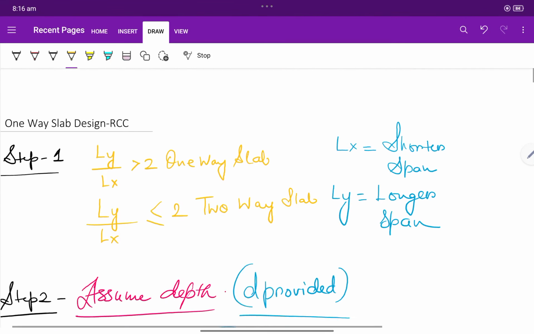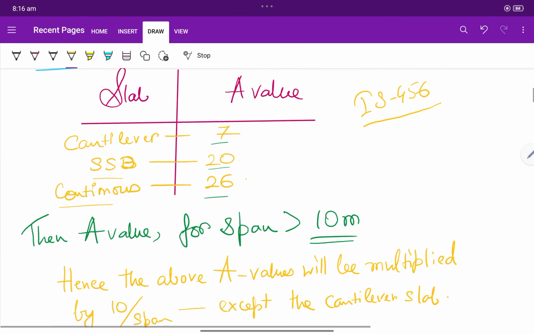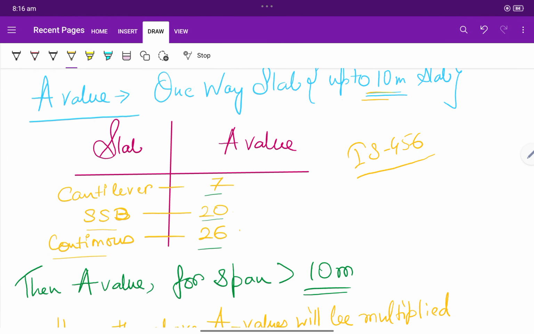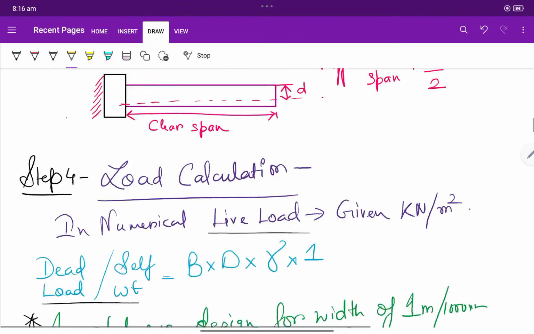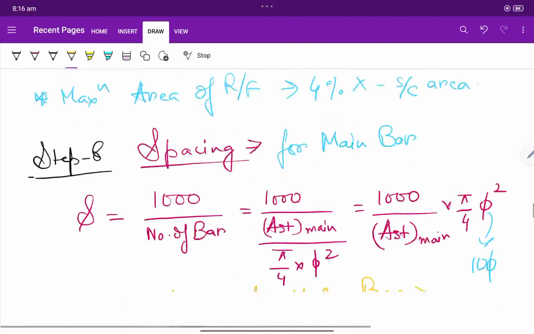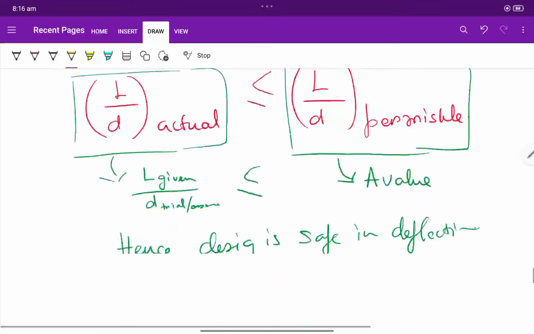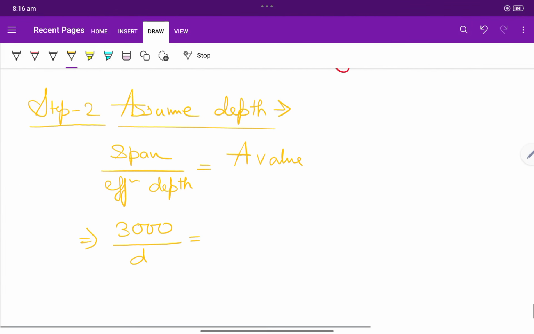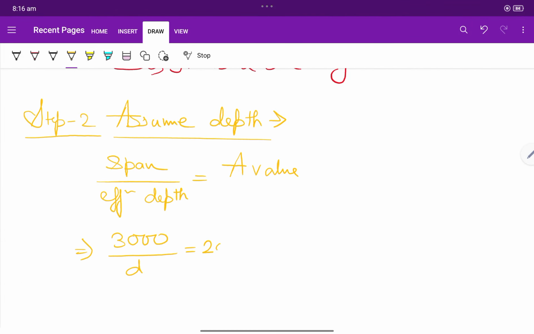So we can take the value up to 10 meter, the value is 20. This one we are taking. So the value is equal to 20. From here we will find out d.